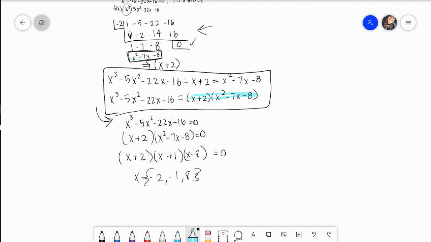You wouldn't just have negative 2 times my quotient. That's not correct. Go ahead and FOIL that out. You'll notice you won't get back to that original equation. I needed another factor. What is that factor? Well, negative 2 is a 0. If negative 2 is a 0 for this equation, then x plus 2 is a factor. So you just add your x, and you technically just switch the sign of your 0.